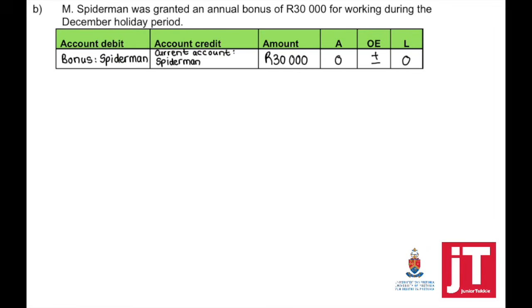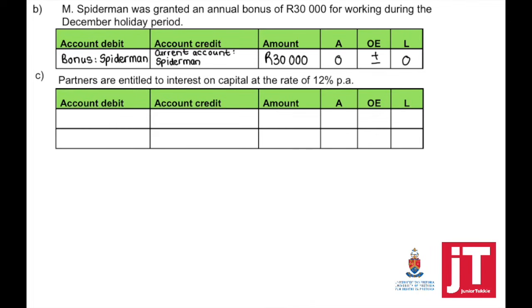To show the bonus, account debited: bonus, partner's name must be written, account credited: current account with the partner's name, Spider-Man. Each partner has their own account. Amount 30,000, owner's equity plus minus, nothing for assets, nothing for liabilities.